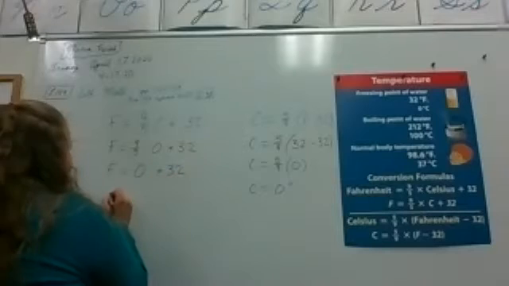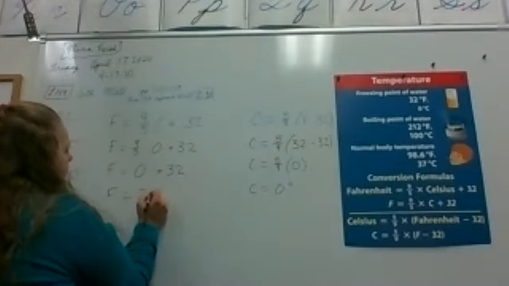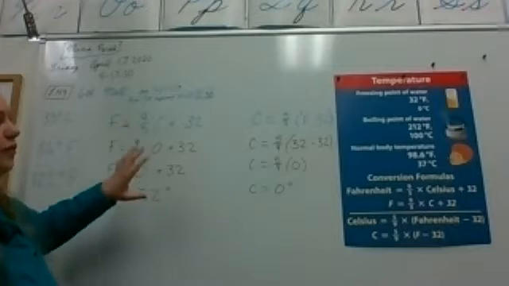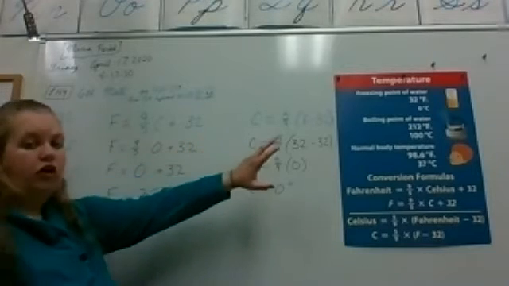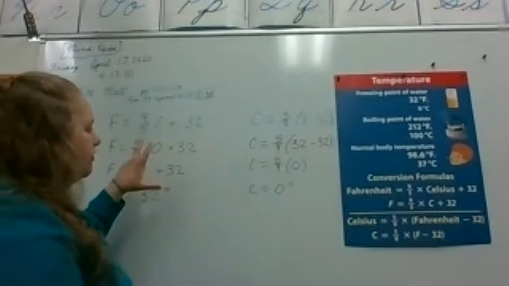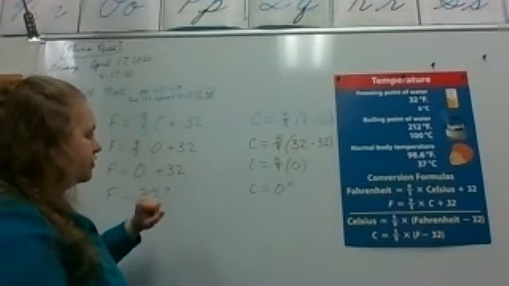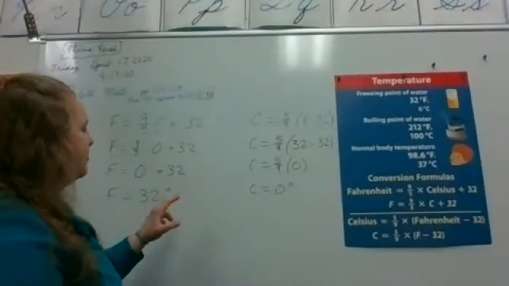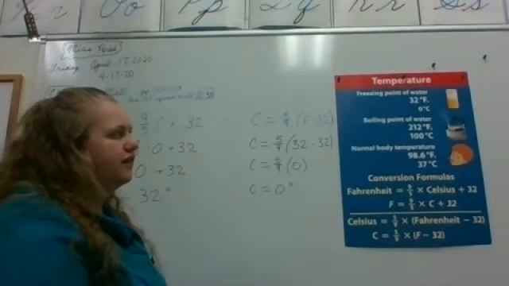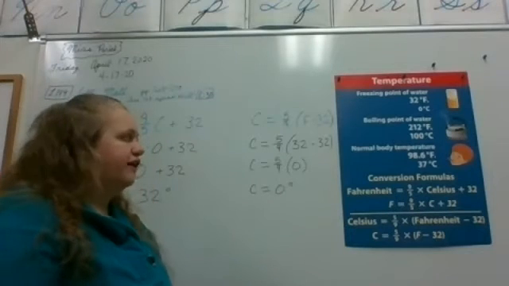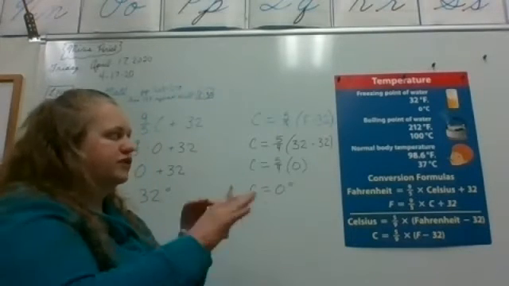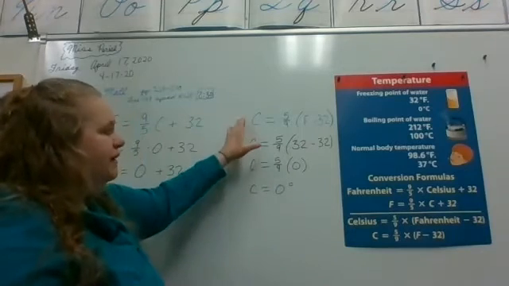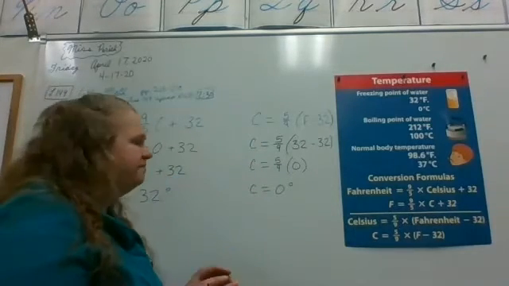Add 32. Fahrenheit degrees is 32. You see how you can plug in the numbers of the ones that we already know are those, is the conversion, and it works in the formula, okay? So it's not just that they decided that 32 degrees was Fahrenheit and 0 degrees was Celsius and someone just came up with this. The scale that they use is based on these formulas, okay?